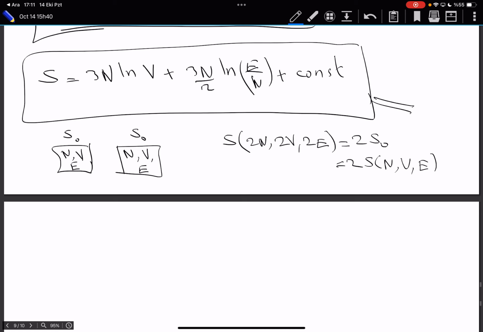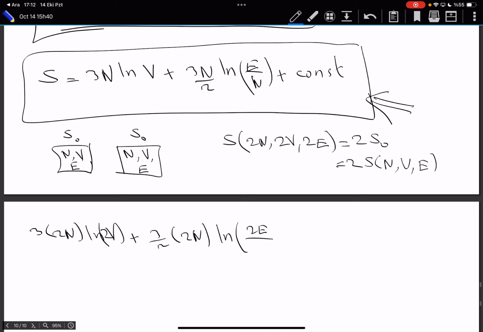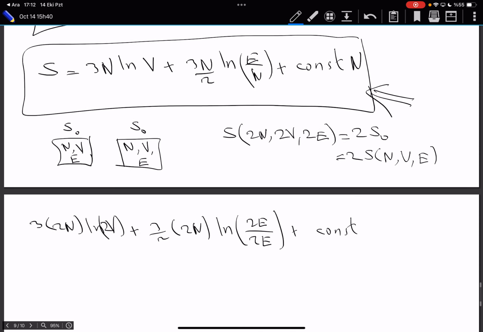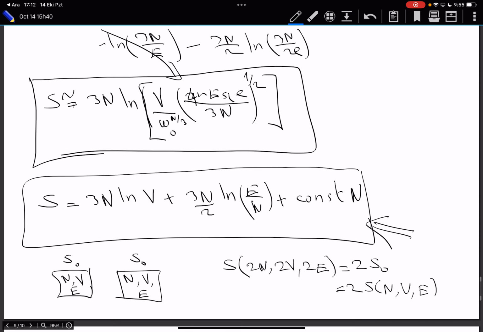Now let's look at this expression over here. The left-hand side will give me 3 times 2n logarithm of 2v, plus 3 over 2 times 2n logarithm of 2e over 2n, plus n times some constant. Well, sorry, you see, there is this overall n.